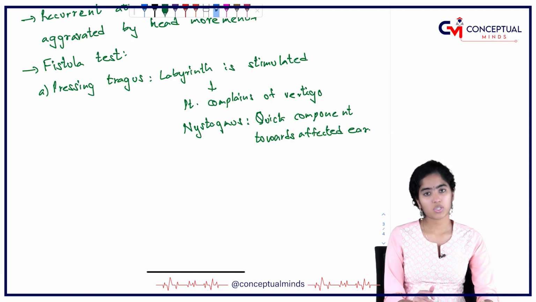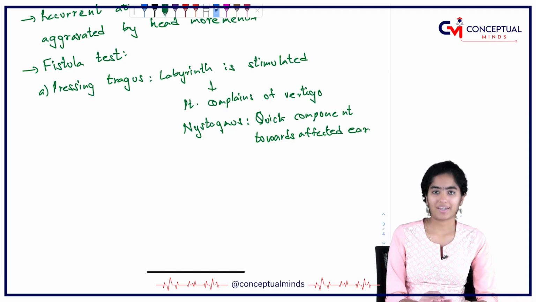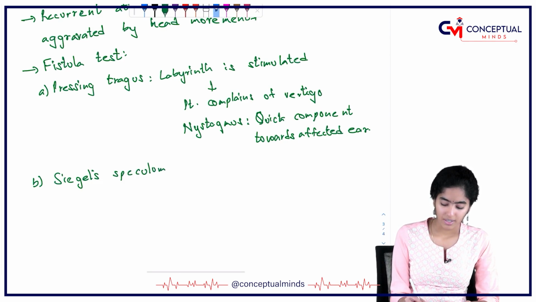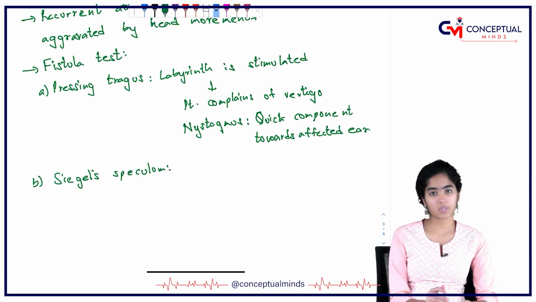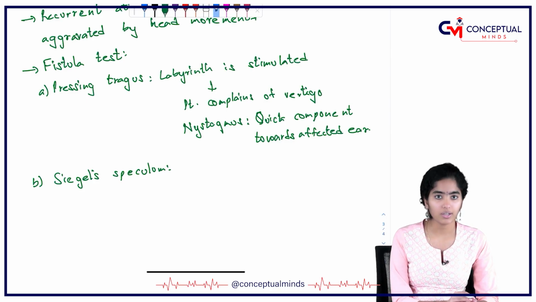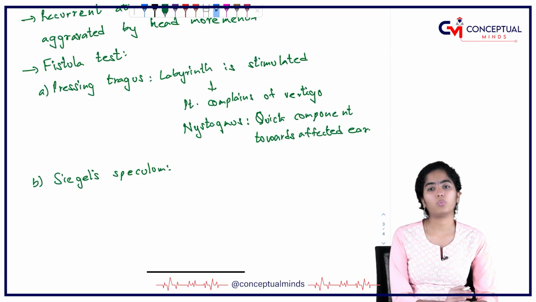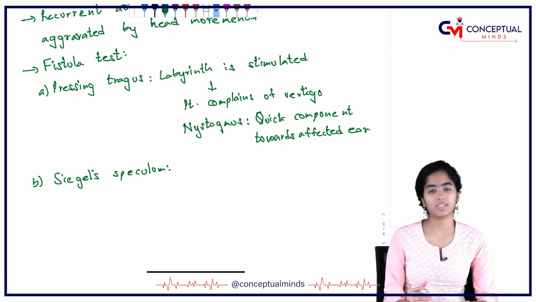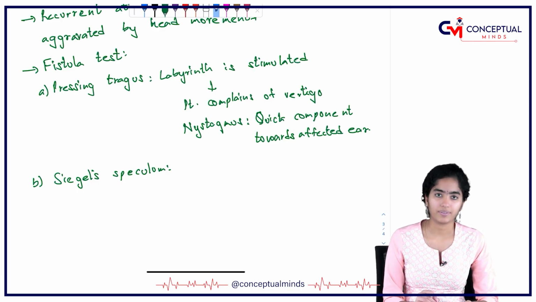Now, this can also be done with a Siegel's speculum. When we increase the pressure, the same thing happens. The pressure changes are transmitted into the inner ear and the patient complains of vertigo and nystagmus is observed. Why? Because the labyrinth is stimulated. And again, the quick component of nystagmus is towards the affected ear.